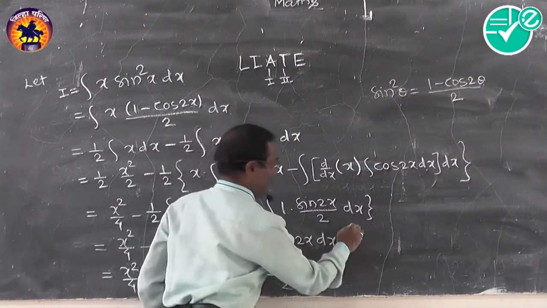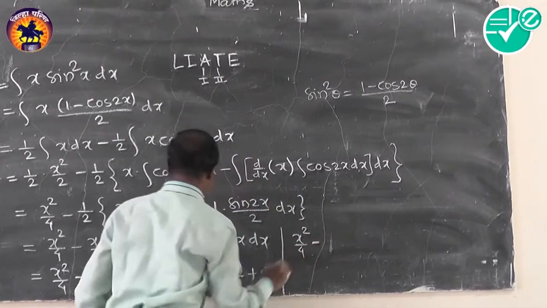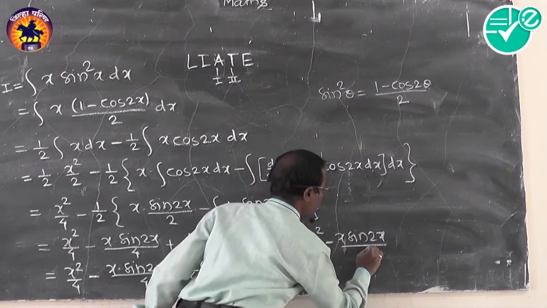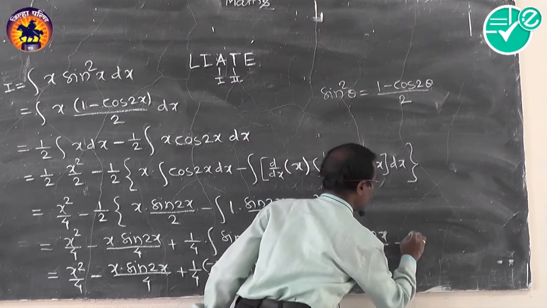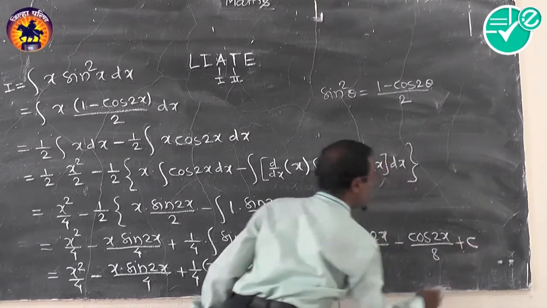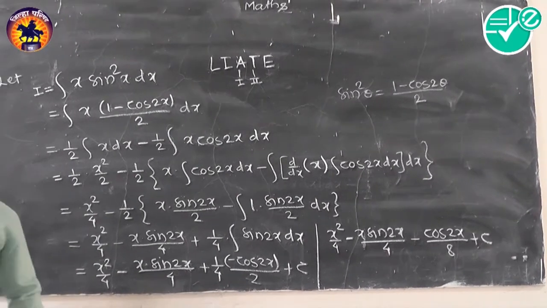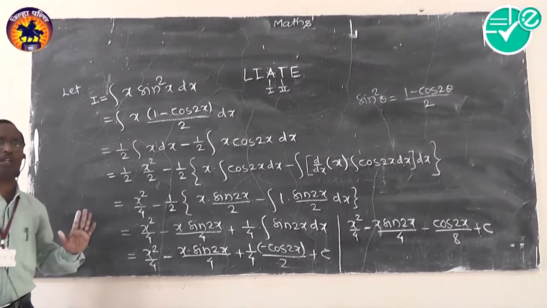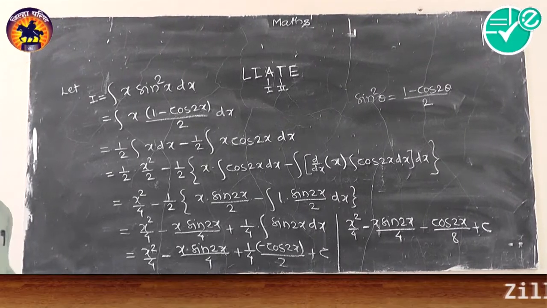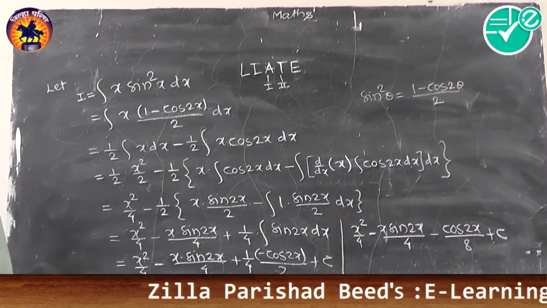So this can be written as x square by 4 minus x into sin 2x divide by 4 minus cos 2x divide by 8 plus c. So this is the integral of this given function x into sine square x. In this integrand function, we cannot apply the direct integration by parts. We use the formula for sine square theta, that is 1 minus cos 2 theta.